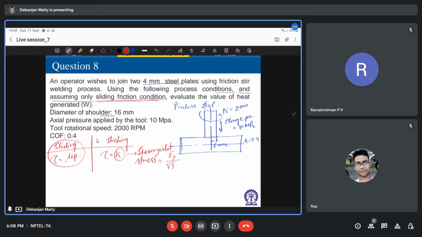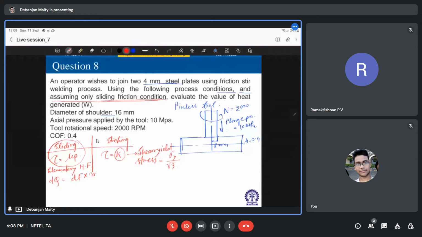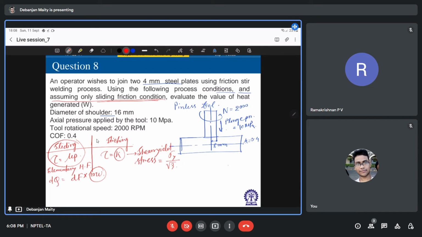So what will be the value of it? Some elementary heat flux maybe. That is equal to df into r omega, right? If you are taking this top view of the tool, this is rotating, right?